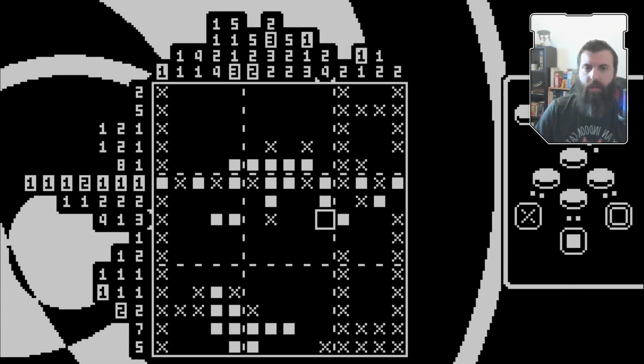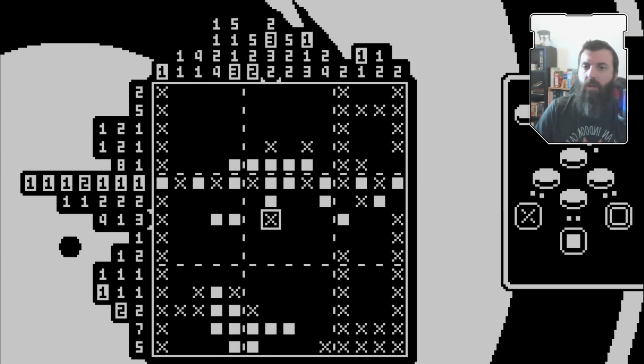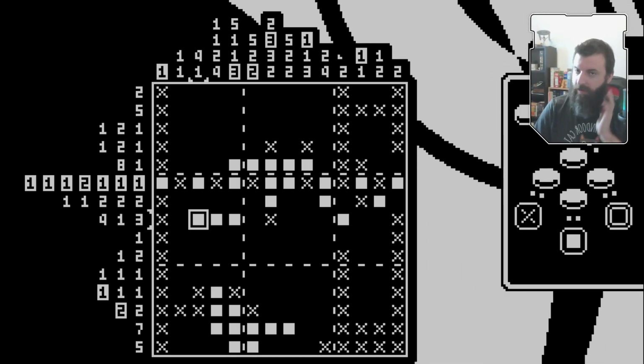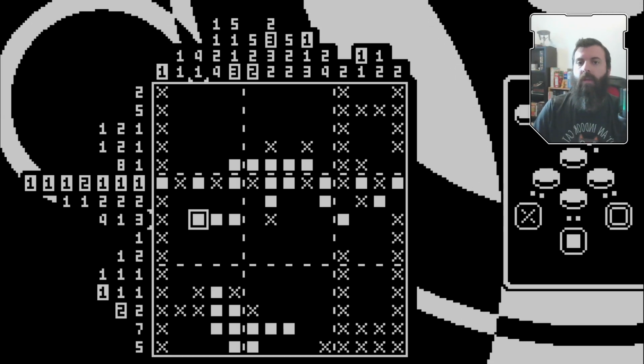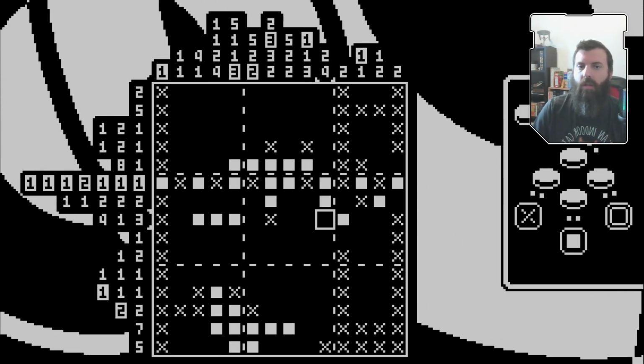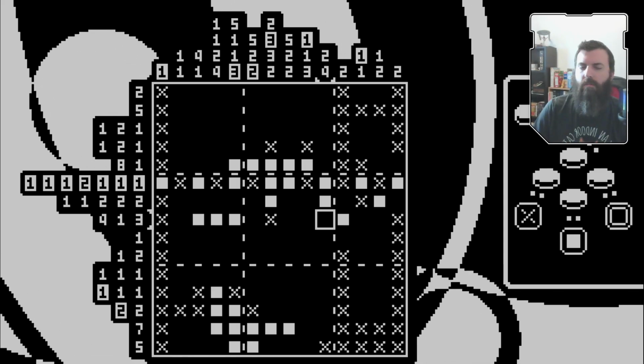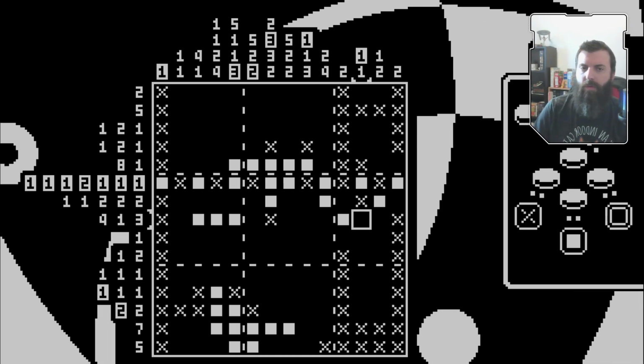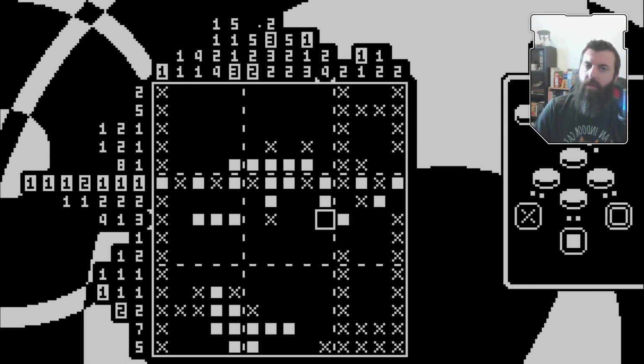What else can we say? Looking at our horizontal 4, we know that the horizontal 4 would have to fill this picture. One space 4, 1, 2, 3 space 1.